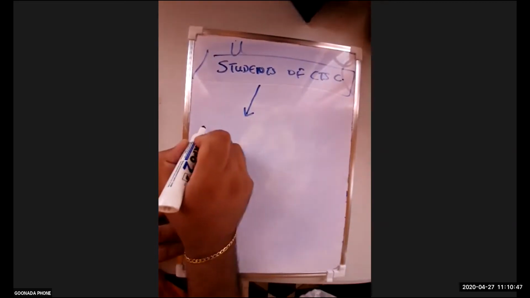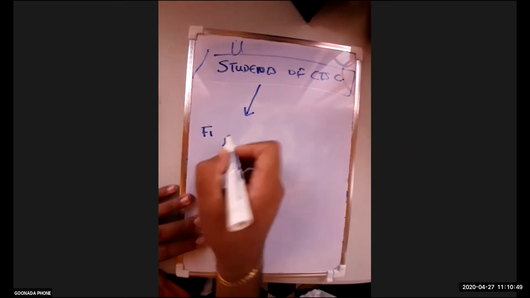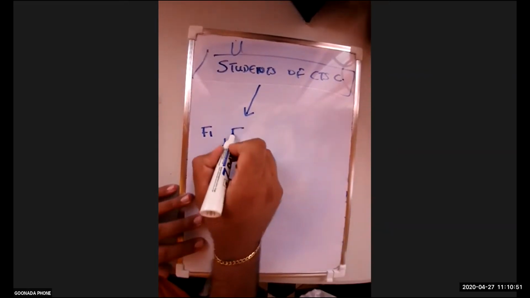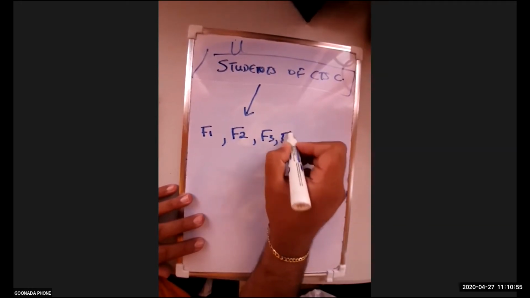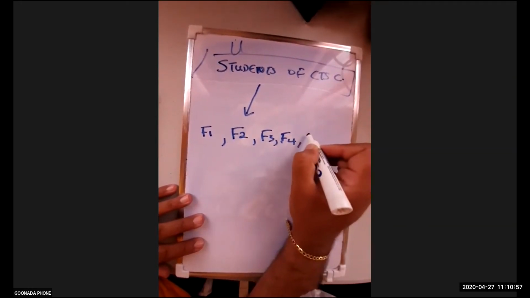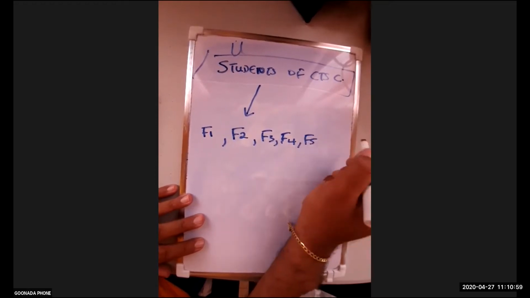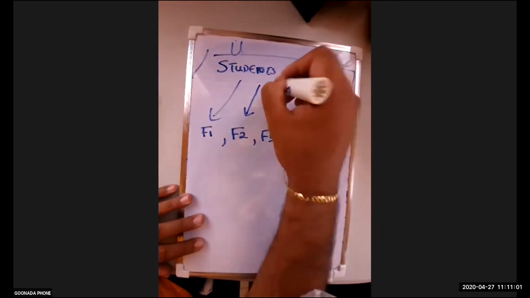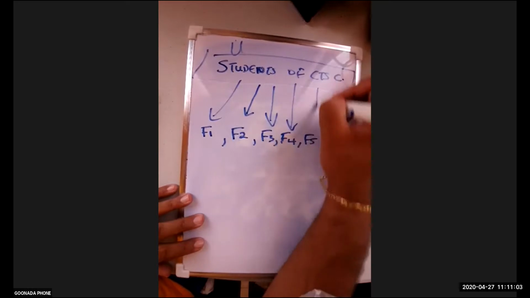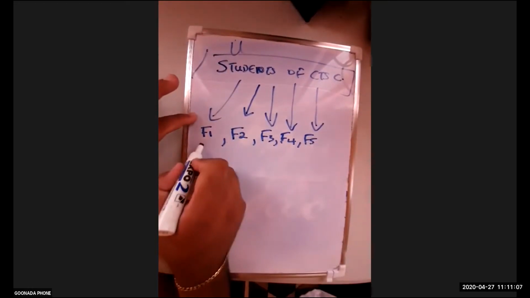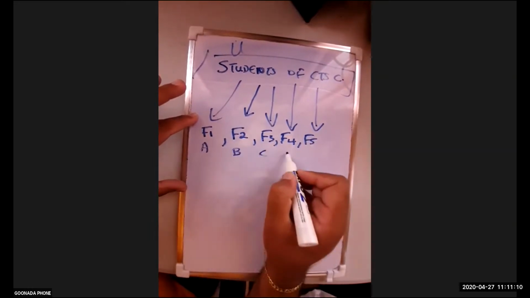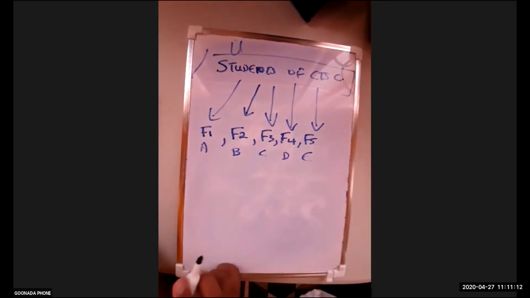So we have form ones, because they come for lessons. Then we have form twos, form threes, form fours, form fives, etc. You following? So this is a universal set, and these are subsets. We can call this A, we can call this B, C, D, E.